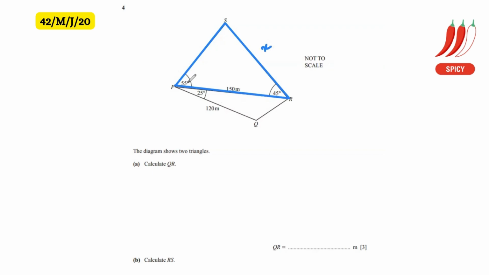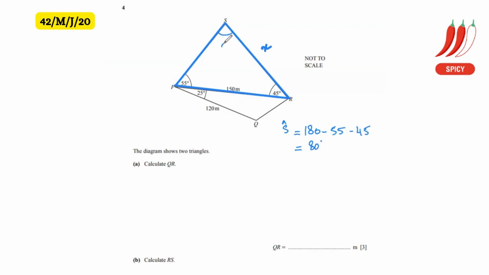So you need to find this. So now you can see that we have two angles in this triangle and you have one length. So if we have two angles, we can easily find the third angle using the sum of angles of a triangle. So angle S is going to be 180 minus 55 minus 45, which gives us 80 degrees.